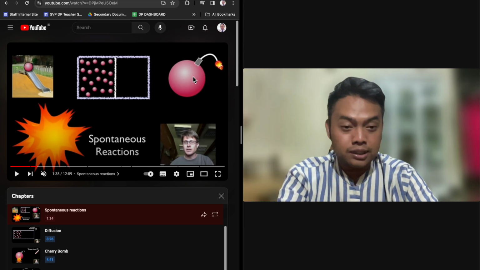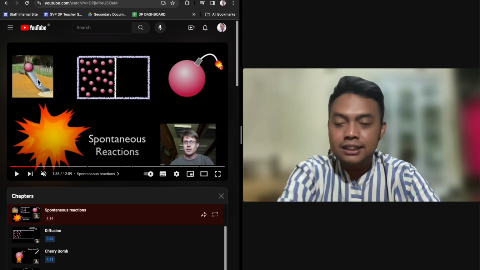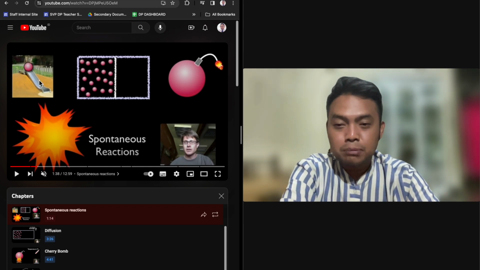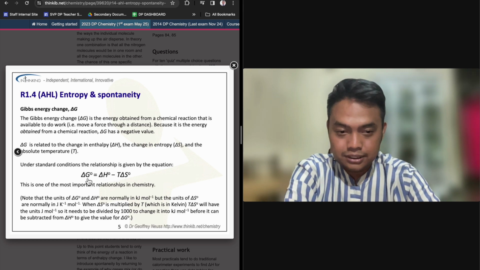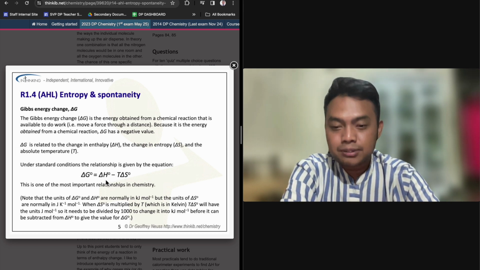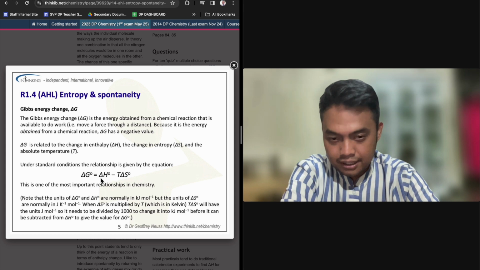There must be explosion. So these are three spontaneous phenomena, and we are going to break down these three spontaneous phenomena to then understand these equations. Okay, so the first phenomenon will be about delta enthalpy.